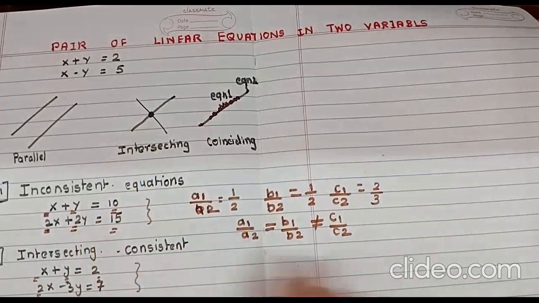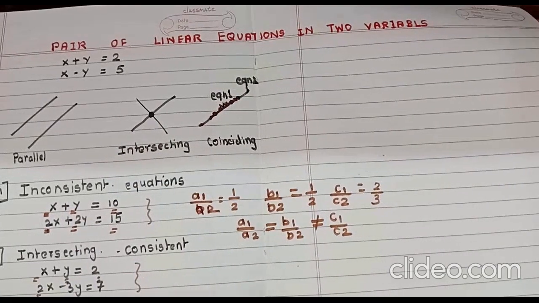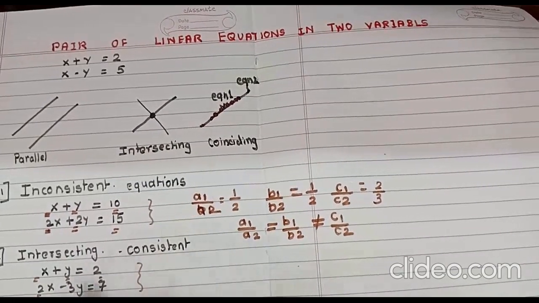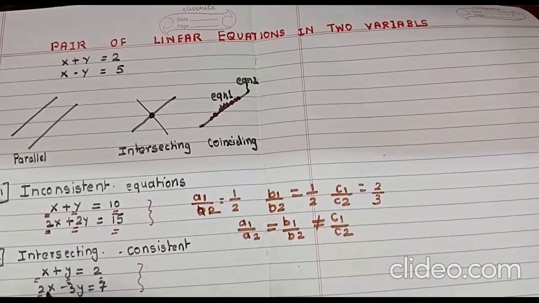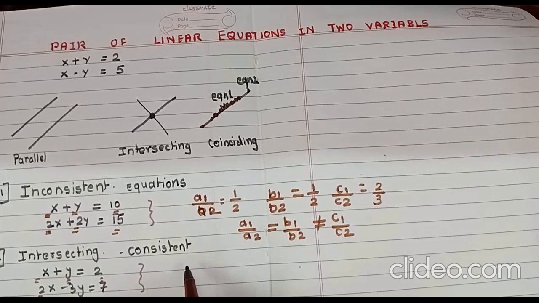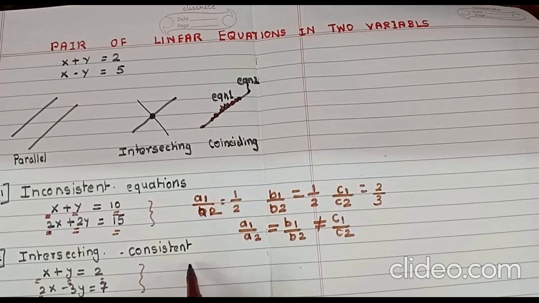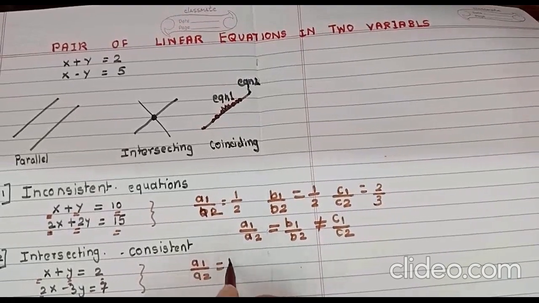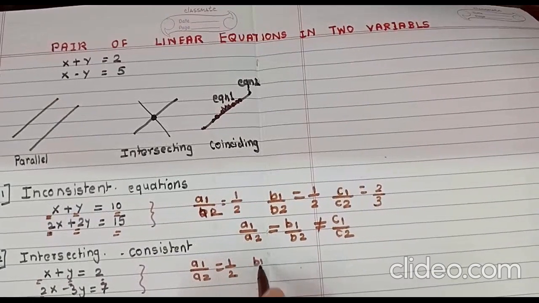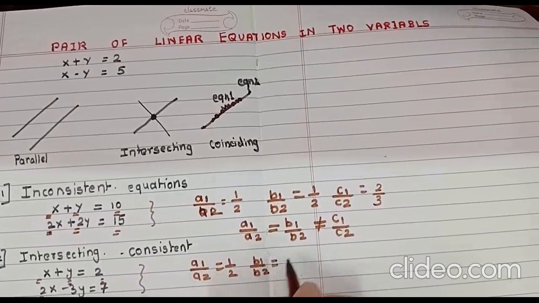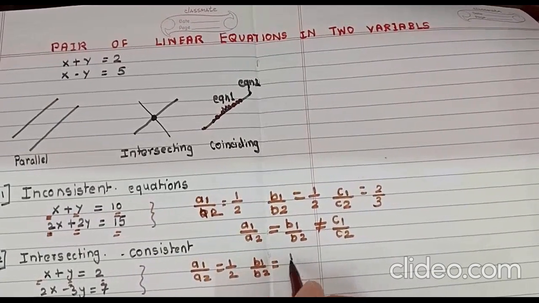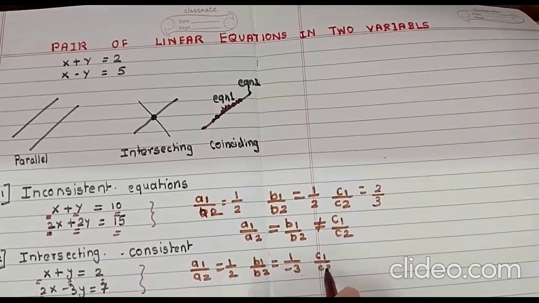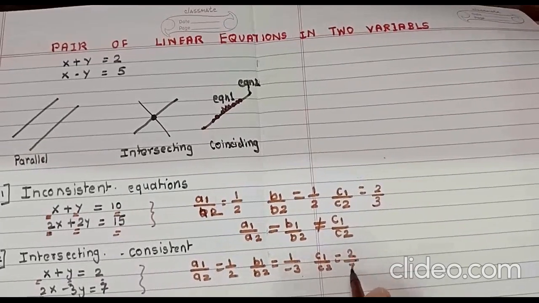In one plane, you have two lines, and see the comparison of coefficients of x and y and constant. a1 upon a2, काय मिळाला तुम्हाला? 1 upon 2. b1 upon b2, what do you get? 1 upon minus 3. c1 upon c2, you get 2 upon 7.